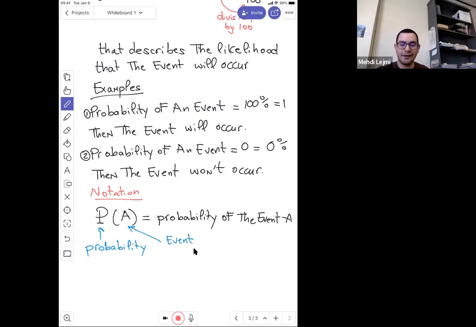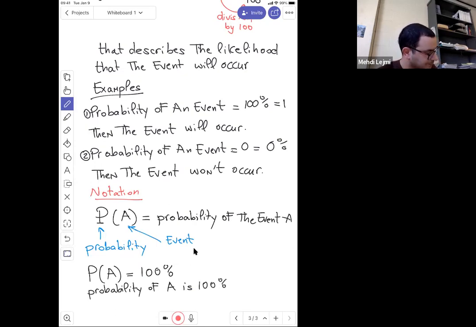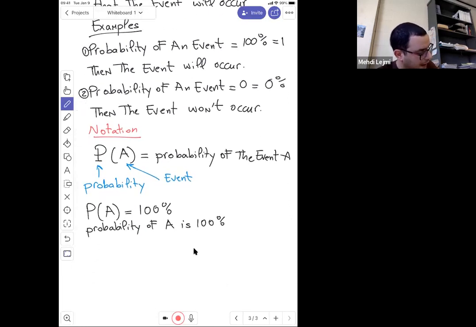So this is the probability of the event A. When I say, for example, P of A is 100%, that means the probability of the event A is 100%, so the event A will definitely occur. In other words, the event A will occur.